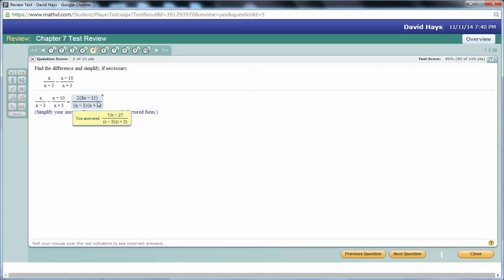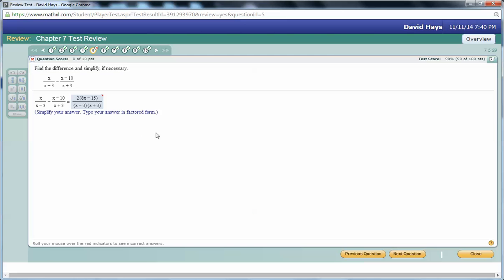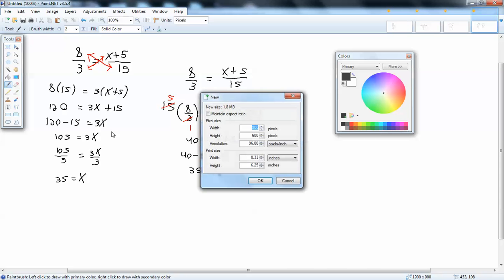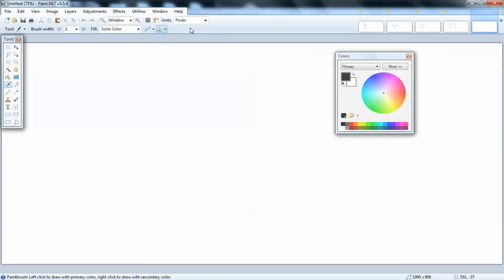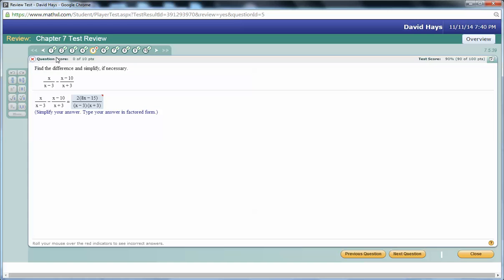Let's see. I answered 13x minus 27. Okay, let's work that one again. I was doing so well too. Hundreds every time. Like I say, I'll blame it on the slowness of the computer throwing me off.